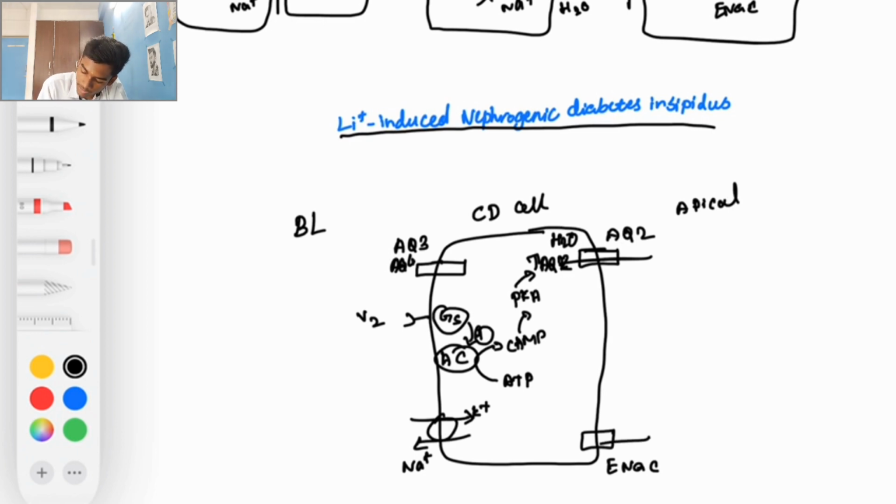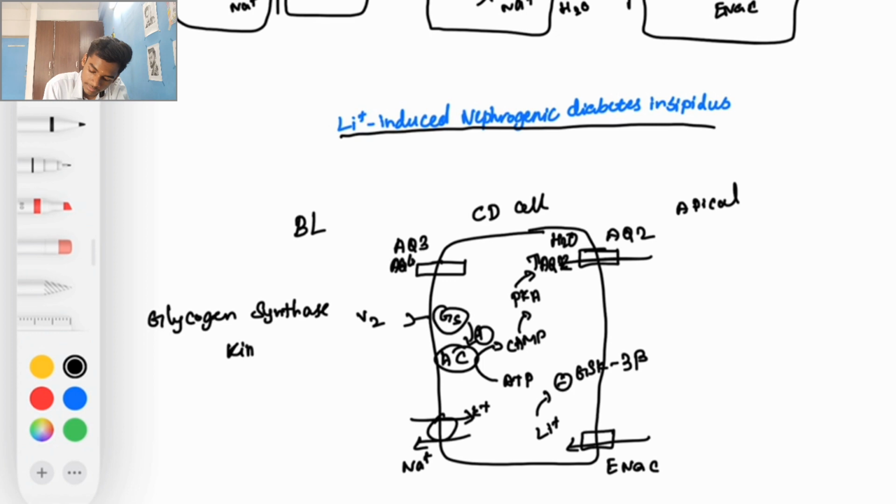The lithium will enter through this ENaC channel, and it will inhibit GSK3 beta. GSK3 beta is glycogen synthase kinase 3 beta.